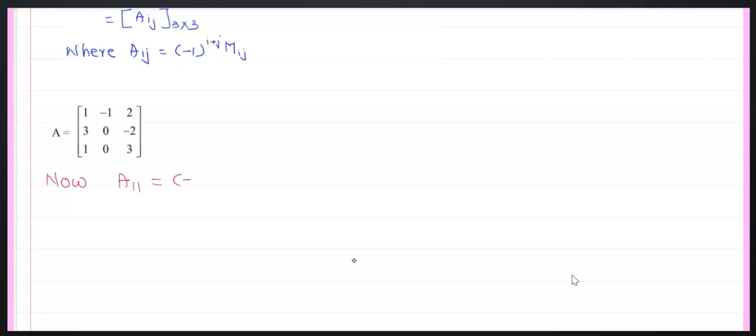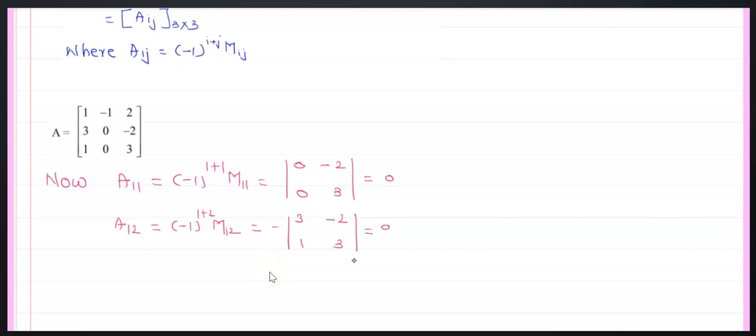Now A11 is minus 1 raised to 1 plus 1, M11. But what is the first minor? It is 0, minus 2, 0, 3. Therefore, overall it is 0. Therefore, A11 is 0. A12 means that these two will get cancelled. That is 3, minus 2, 1, 3. Solve this: 9 plus 2, that is 11.